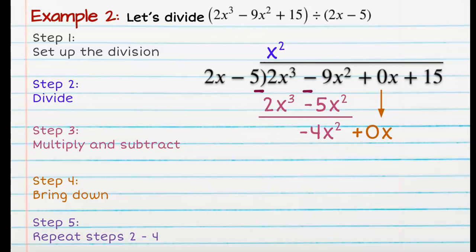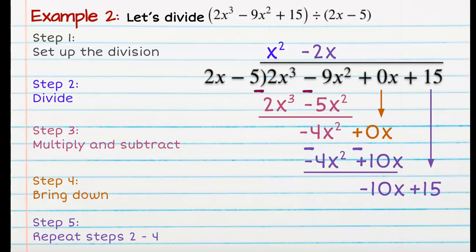Negative 4x squared divided by 2x is negative 2x. So when we multiply, the first term is negative 4x squared, and then negative 5 multiplied negative 2x is positive 10x. We will subtract. The first terms cancel, and 0x minus 10x is negative 10x.